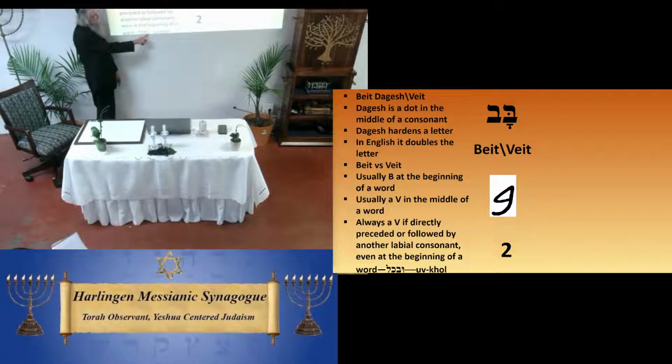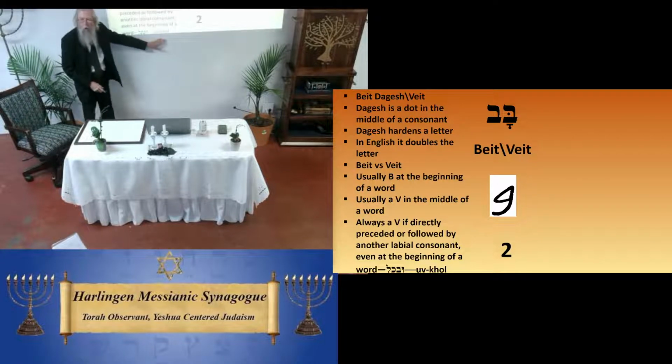So if it is directly preceded or followed by another labial consonant, it's going to be uv. It's not going to be ubkol, it's going to be uvkol. Do you understand what I'm saying here? This letter here is the vav, u. The bet is vet, then the kaf and the lamed, kol. So, uvkol. And all. Uvkol Yisrael. And all of Israel. Many times in the liturgy, we'll come across the phrase, Uvkol Yisrael v'imru Amen.